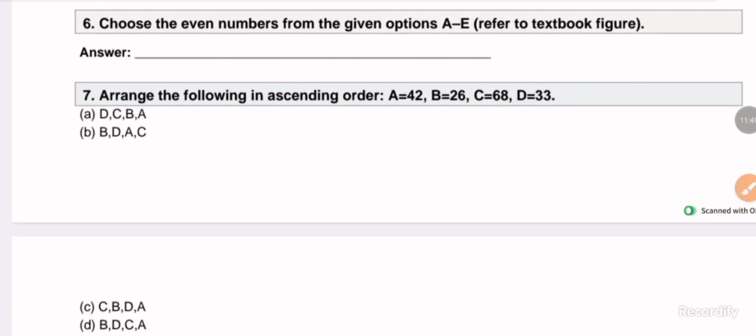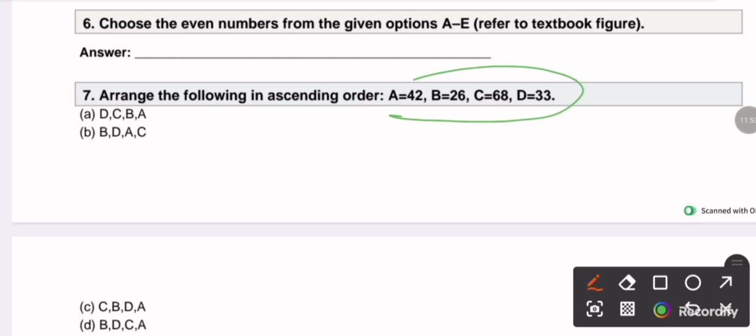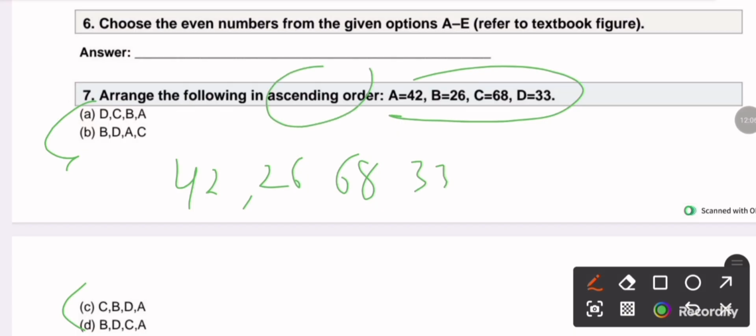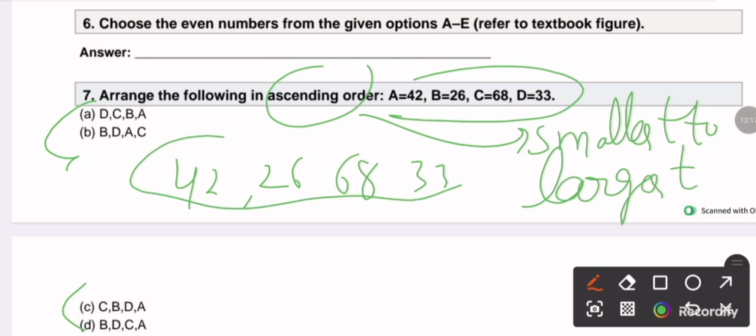Arrange the following in ascending order. So these are the numbers we have to arrange, and these are the options. 42, 26, 68, 33. Ascending order means smallest to largest. So let's arrange these numbers.